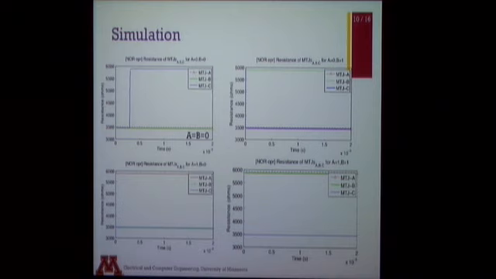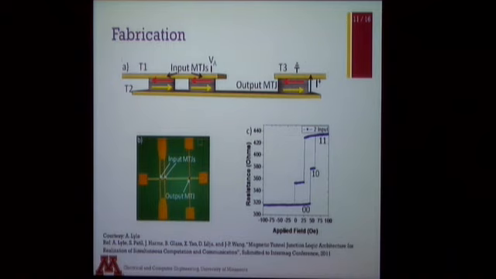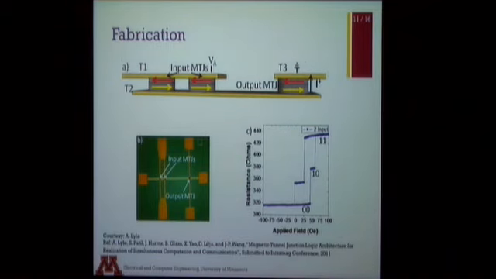So we discussed this idea with our device physics team, a brilliant team led by Professor Wong at the University of Minnesota. They liked the idea, so they fabricated this proof of concept circuit. This circuit looks like this on the wafer. That's the optical image.